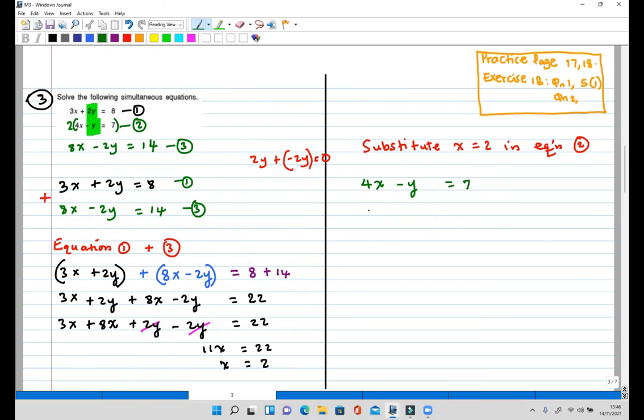So we have got 4 times 2 minus y is equal to 7. So you have 8 minus y is equal to 7, and minus y is equal to 7 minus 8. So minus y is equal to minus 1. So y is equal to 1.